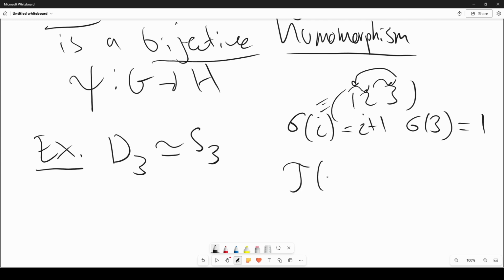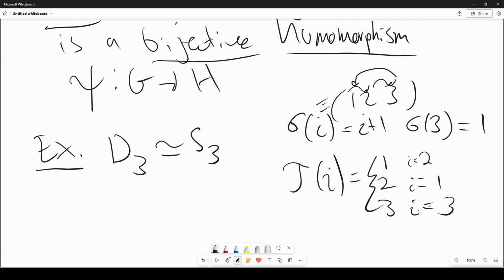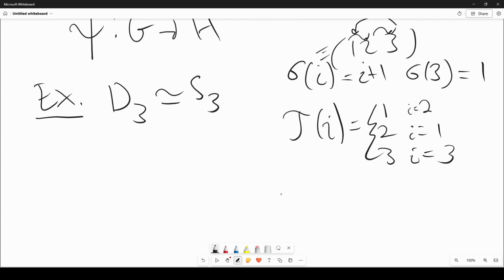Then I also defined a tau, which basically sends 2 to 1, it sends 1 to 2, and it sends 3 to 3. And so hopefully this should kind of remind you of the rotation and flip operators, or symmetry operators, in D3.